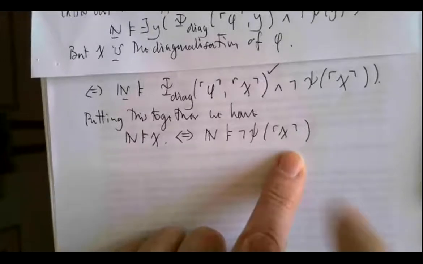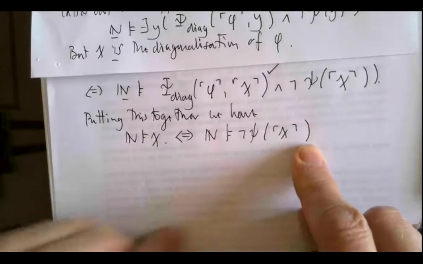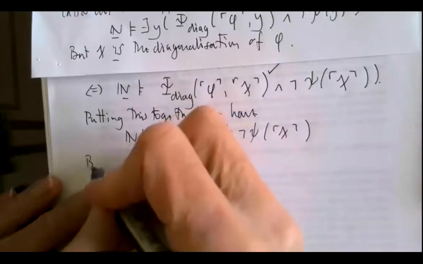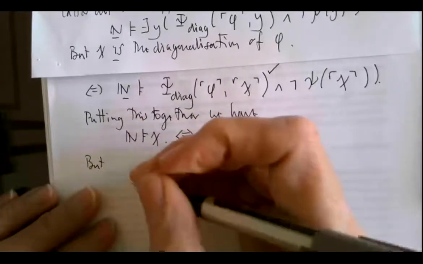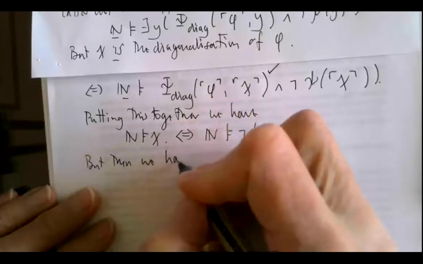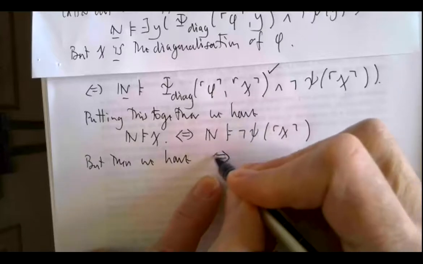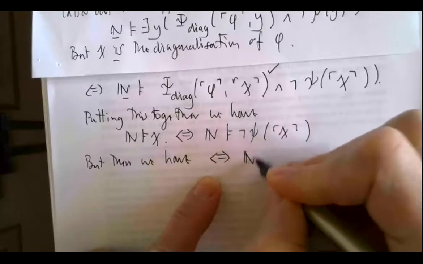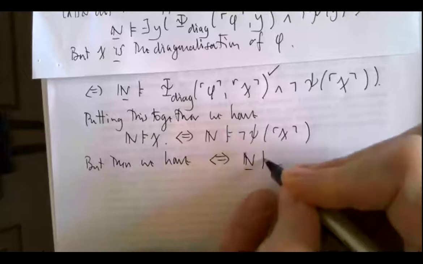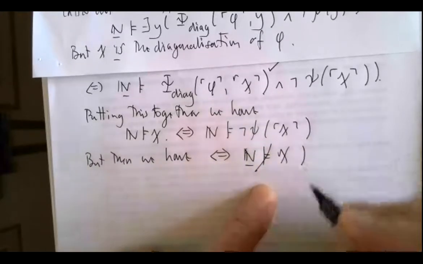Psi is supposed to be false of this chi here. So then this is equivalent to saying that chi does not come out true in N.